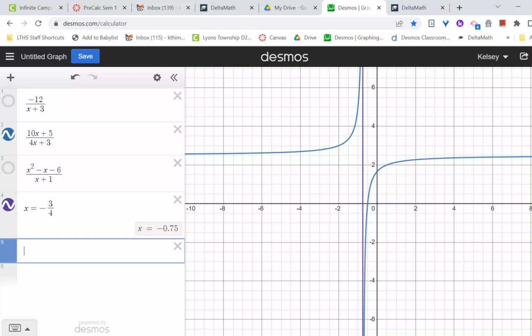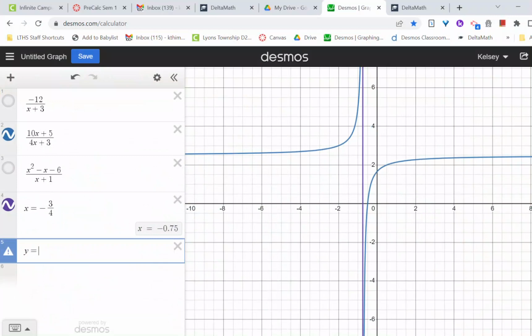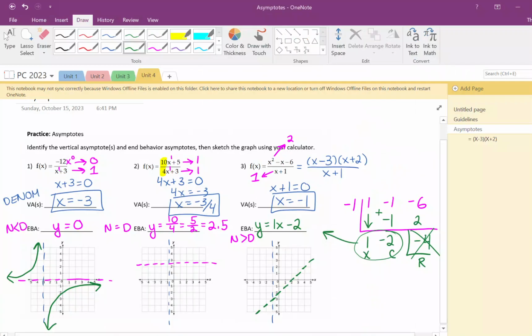And we can also type in that horizontal asymptote at that 2.5. Again, you can see at the end of my graph, I'm going to get really close to that new line that just popped up, but it's never going to actually cross it. So again, we can just kind of sketch in our graph here. We're not super worried about too many accurate points there.